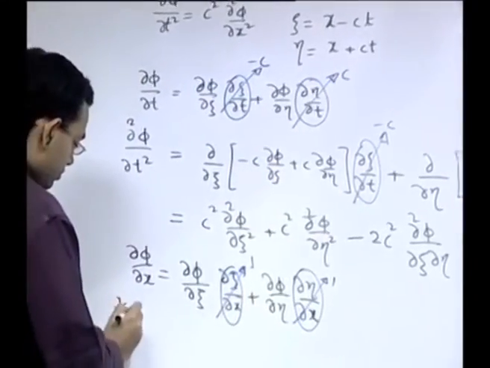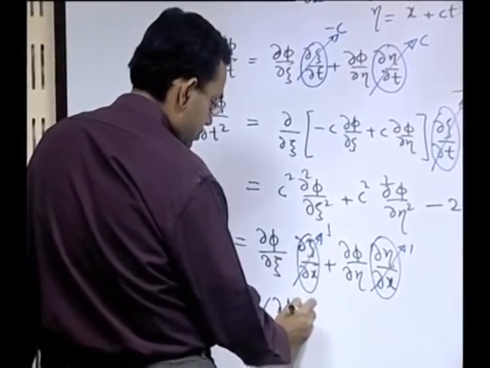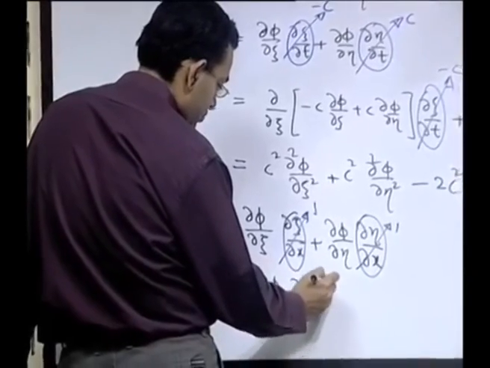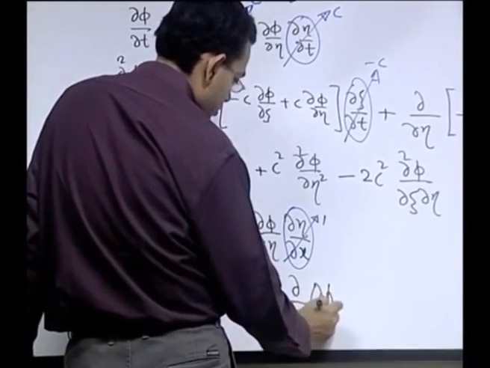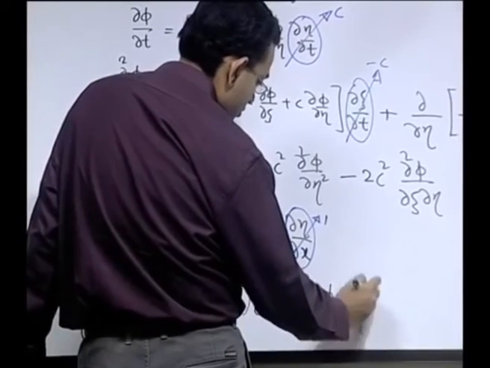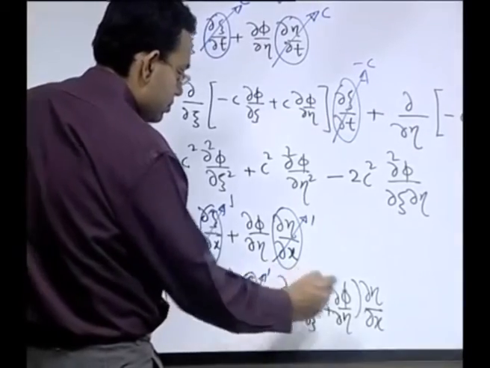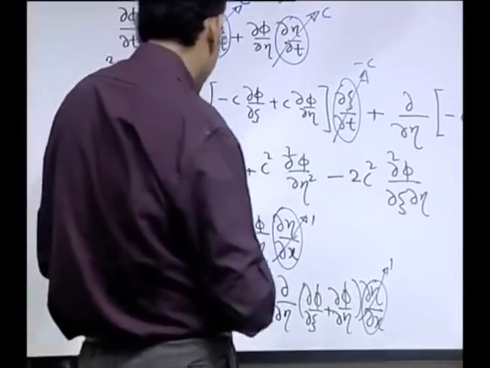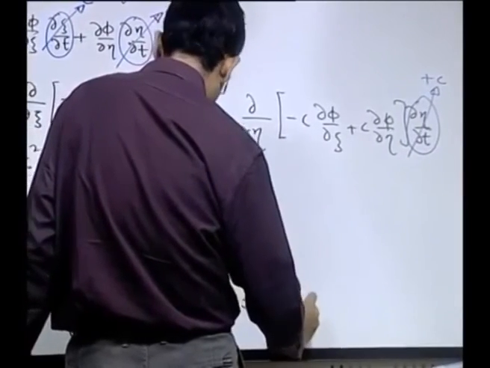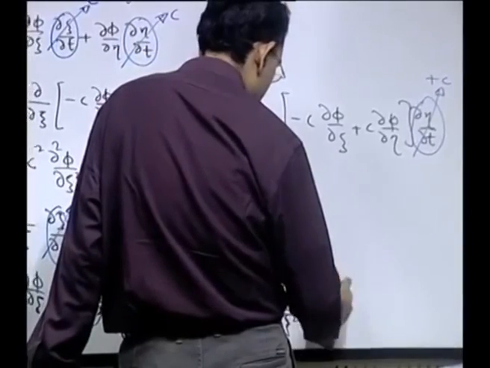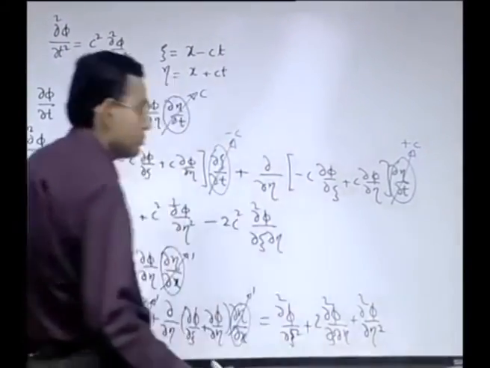Second derivative: this is also equal to 1 and this is 1, hence it becomes this one.